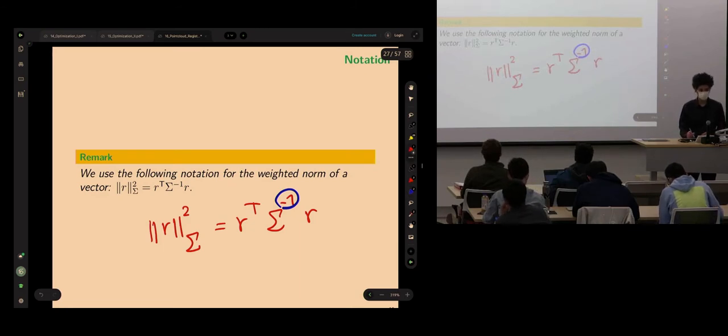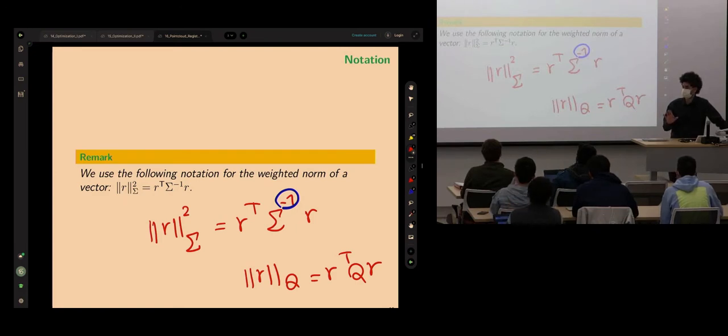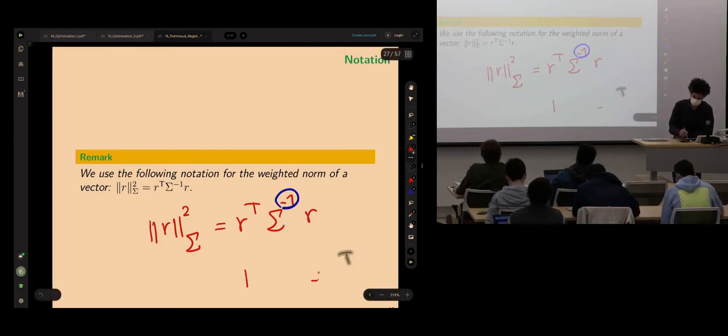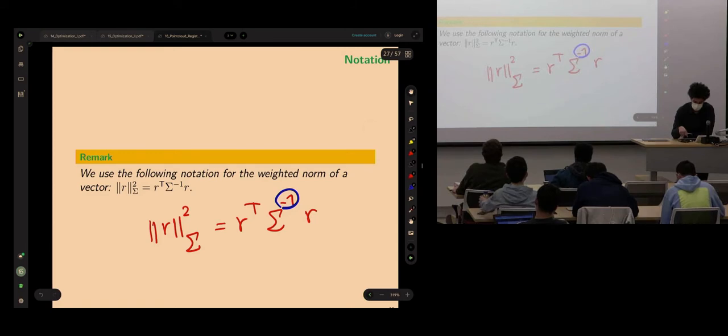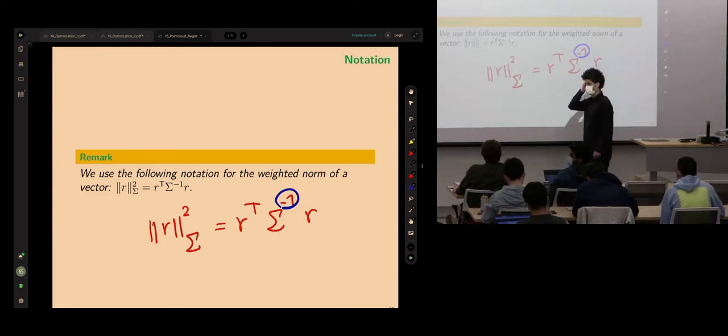Sometimes people also define it using, maybe it's an optimal control problem, they tell you this is r transpose Q r. So pay attention, but be flexible. This is up to definition. So in this lecture, we defined it to be the inverse of the covariance. So this is a weighted norm. It's no longer a Euclidean norm.